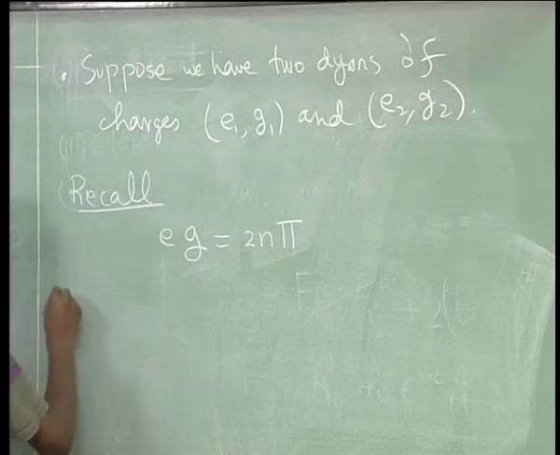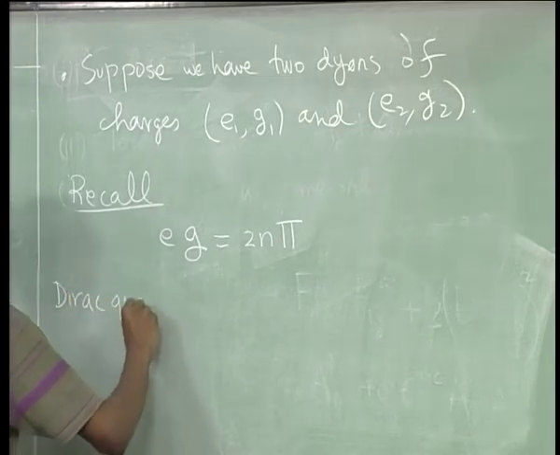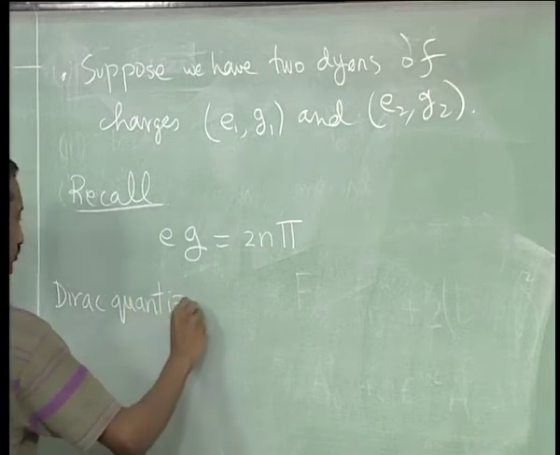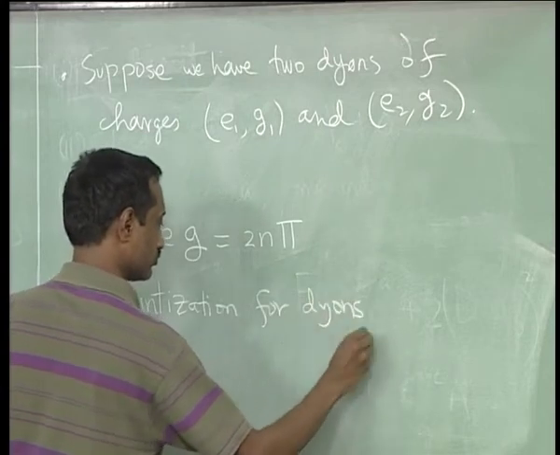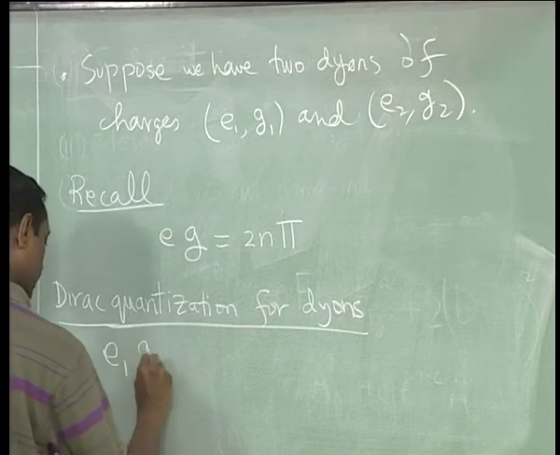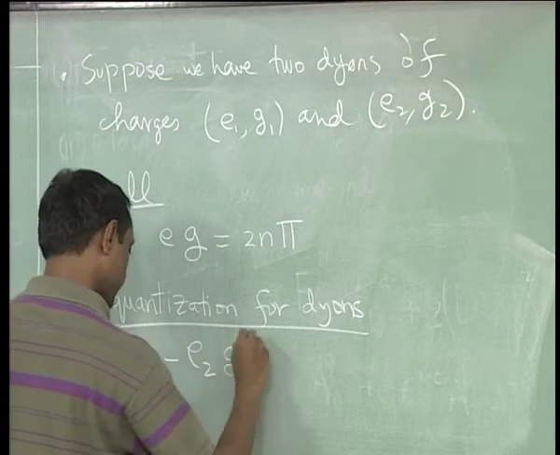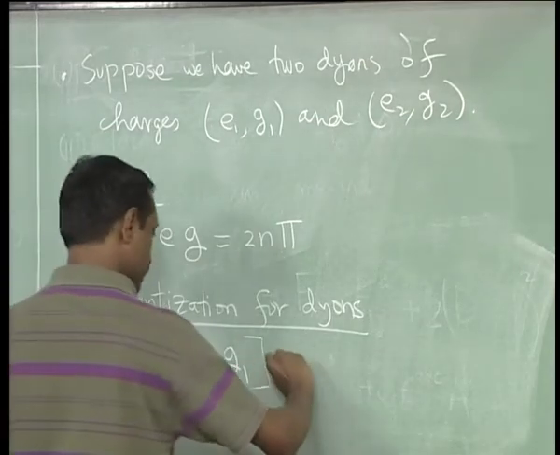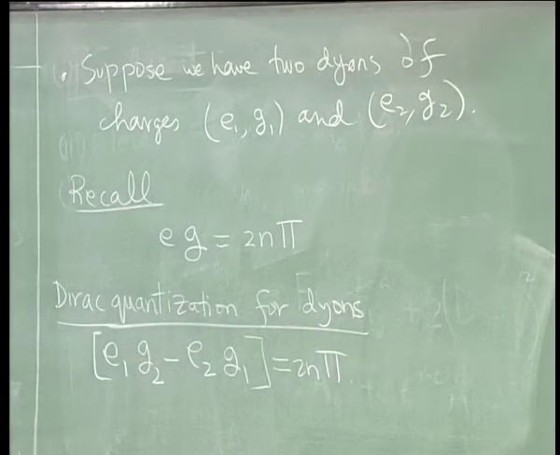So I will just write the formula. The Dirac quantization for dyons takes something like E1 G2 minus E2 G1 equal to 2n pi. Now you can see what happens.